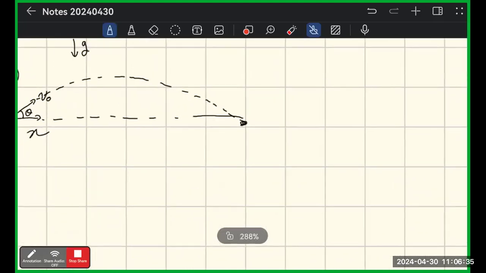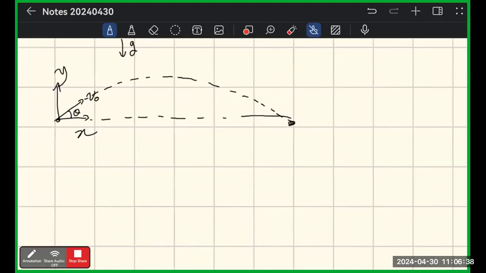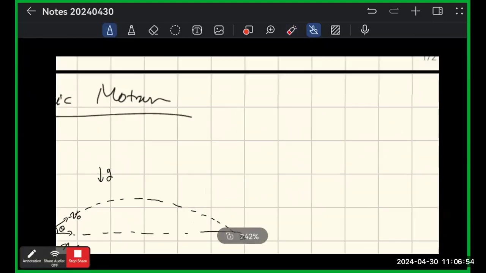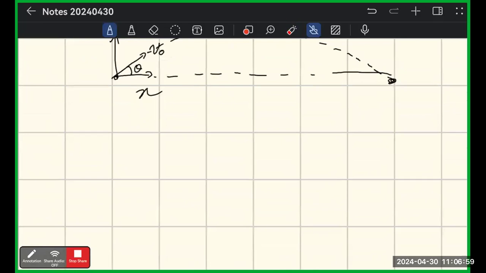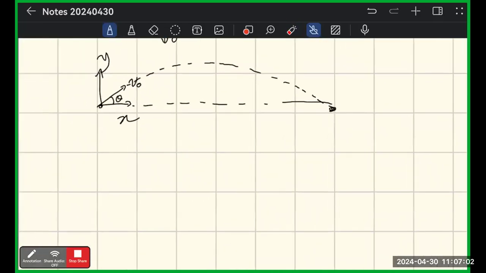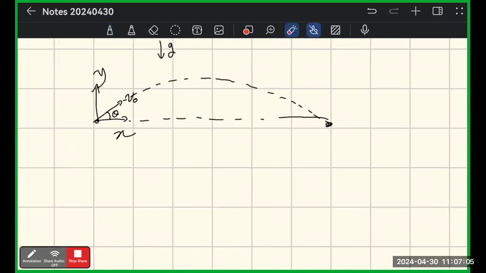Most of the time, you'll get questions like what time this particle hits something here, or what time it reaches its maximum height. There's a general equation for this kind of parabolic motion, represented by both axes. So we have to project v naught, or the motion, into two axes, the horizontal and vertical axes.